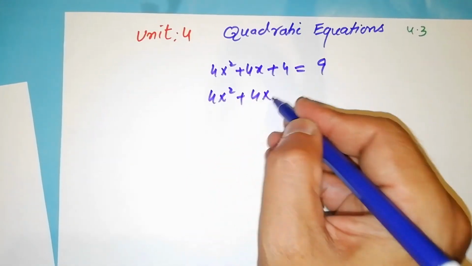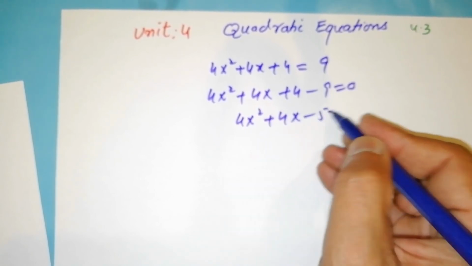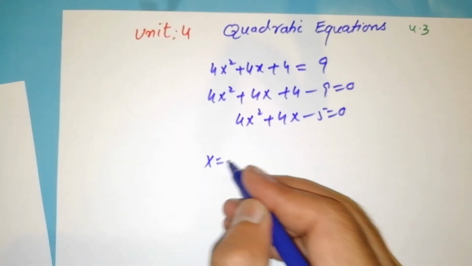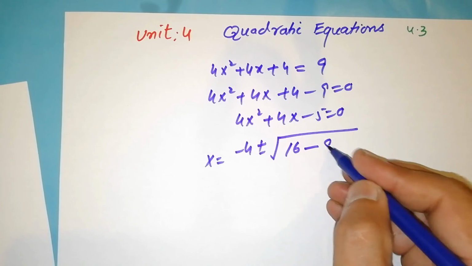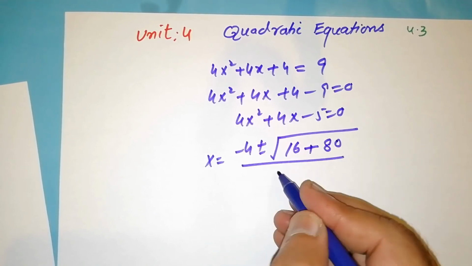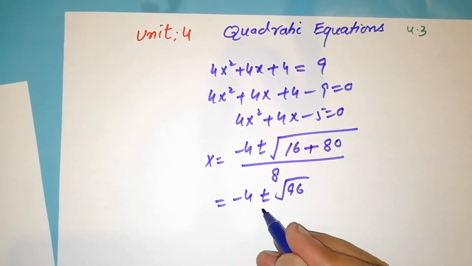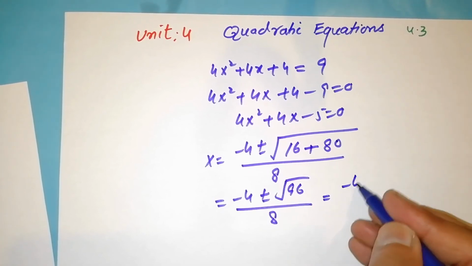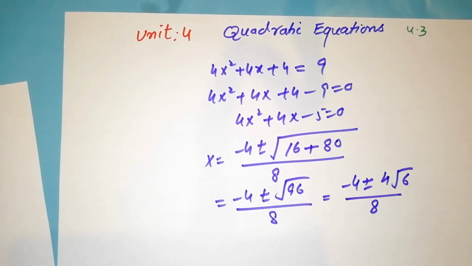So 4x square plus 4x plus 4 minus 9 equal to 0, that is 4x square plus 4x minus 5 equal to 0. By using the quadratic formula, we have 16 plus 80, which is 96, and the denominator 8, which gives minus 4 plus minus square root of 96 divided by 8, and this is minus 4 plus minus 4 root 6 divided by 8, which gives minus 1 plus minus root 6 divided by 2.